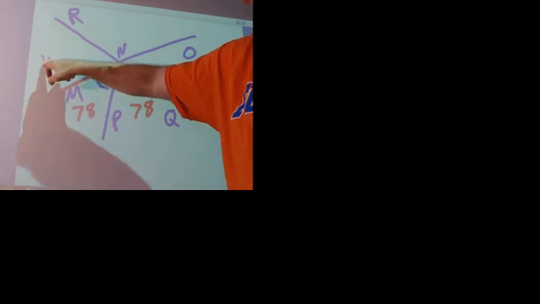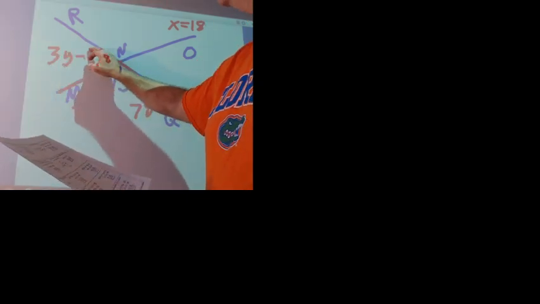Now, if I take a look at where y is at, and y is RNM, so this angle right here is equal to 3y minus 9. And I have, for that, 3y minus 9. So that is this angle right there.